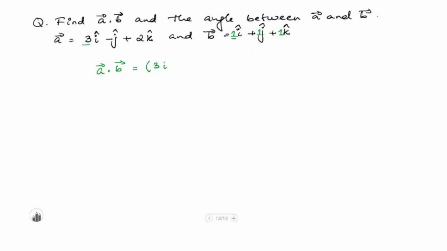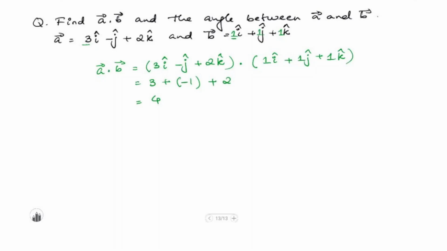So we have 3 i cap minus j cap plus 2k cap, dot product with 1 i cap plus 1 j cap plus 1 k cap. So now we can see it easily. We have to multiply 3 times 1. So we have 3 here, plus we have minus 1 times 1, which is minus 1, plus we have 2 times 1, that's 2. And that gives us the answer 4. So that's the answer for our dot product.